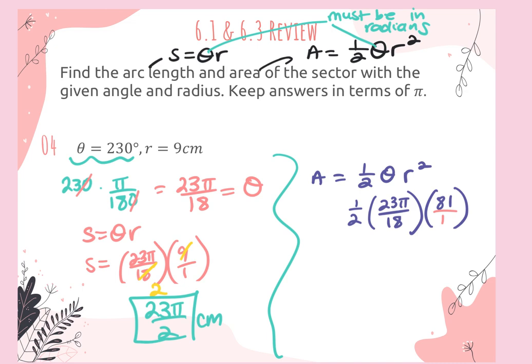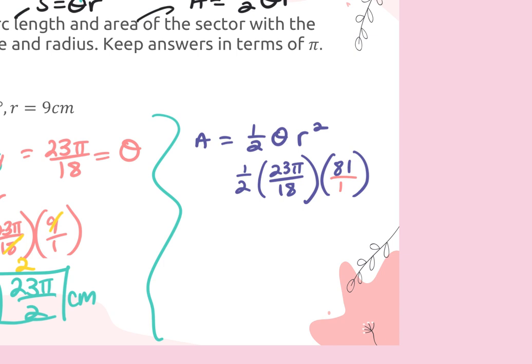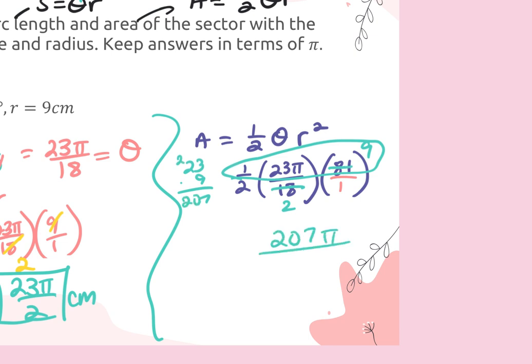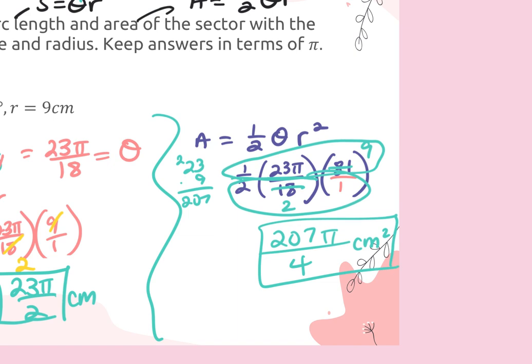So 2 doesn't go into 23 or 81, but 18 and 81 are both divisible by 9. This would be 2 and 9. And then my numerators would get multiplied out. 23 times 9, 207, and the pi is there, over the denominators, 2 times 2 times 1, or 4. And in units, it'd be centimeters squared.